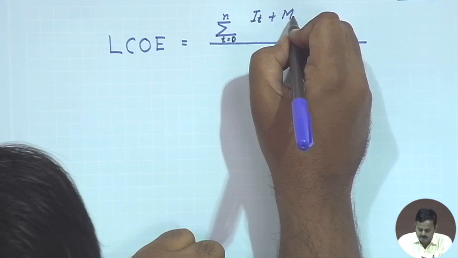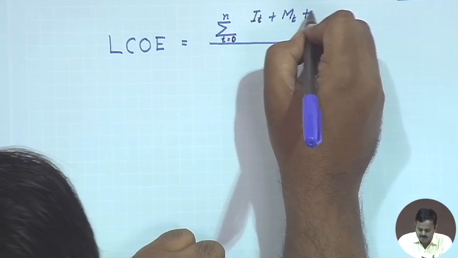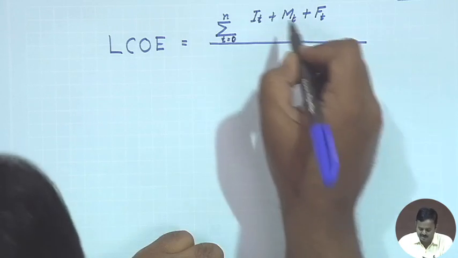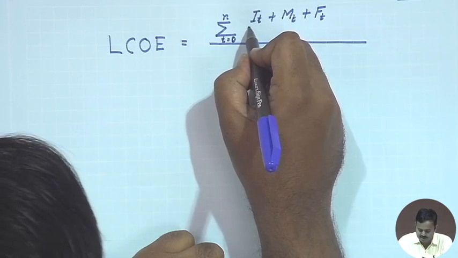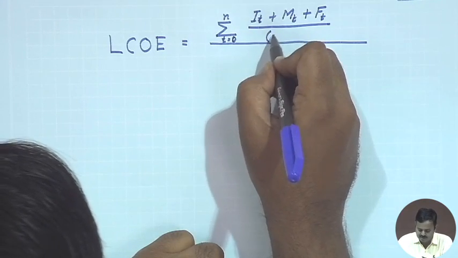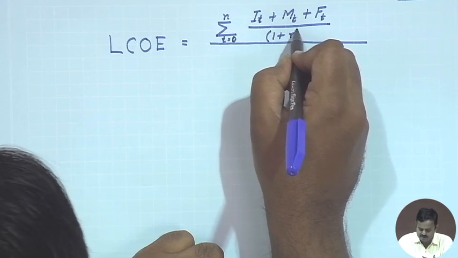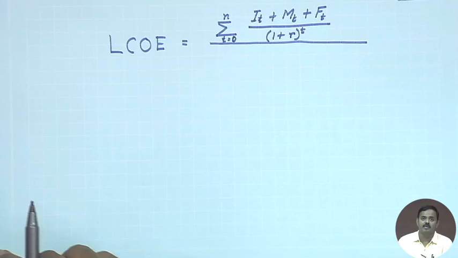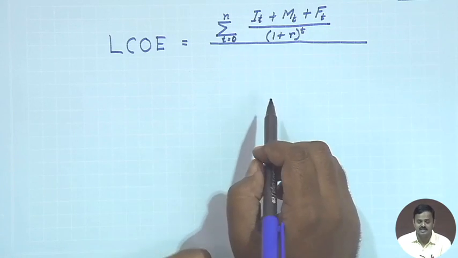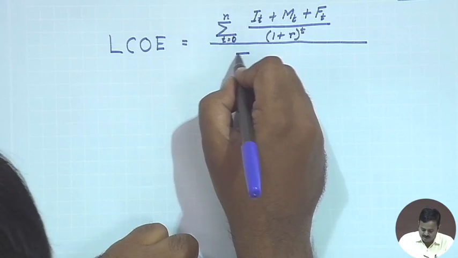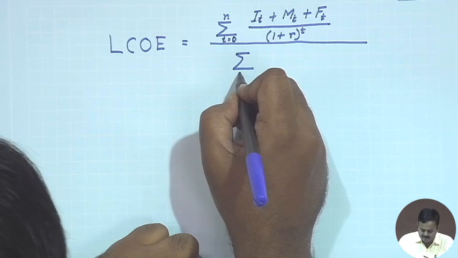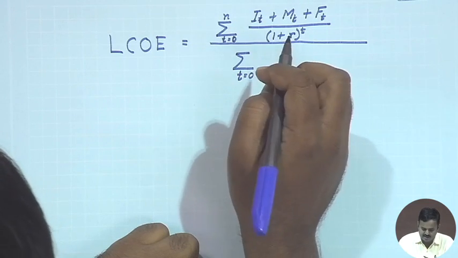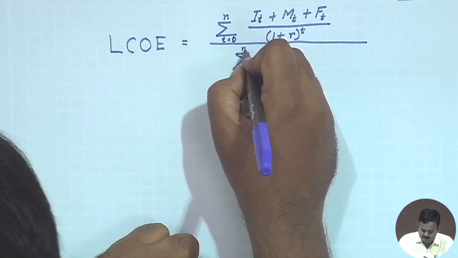plus M_t, plus fuel F_t, I will come to what each of these means, divided by 1 plus R to the power t. Recall from our discussion on net present value, R is the discount rate, and in the denominator I will write the net present value of the total electricity that is generated, and this is also going from 0 to n.